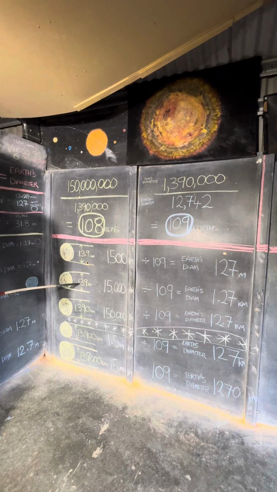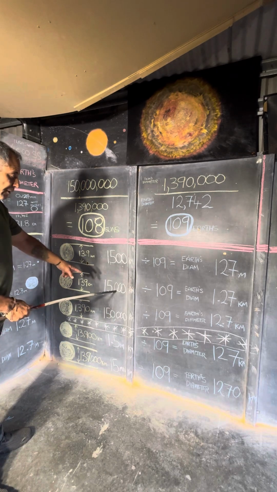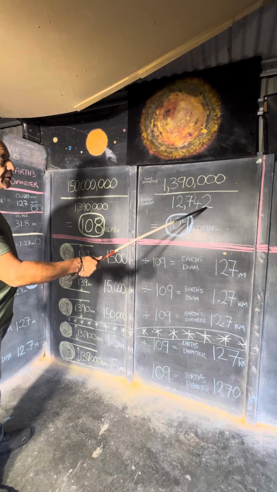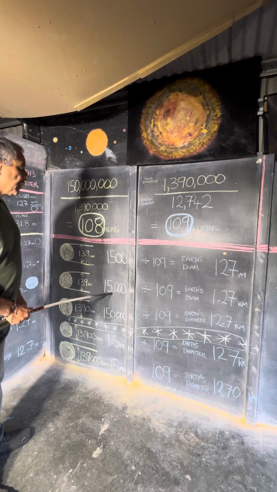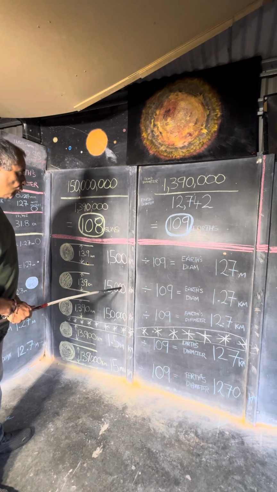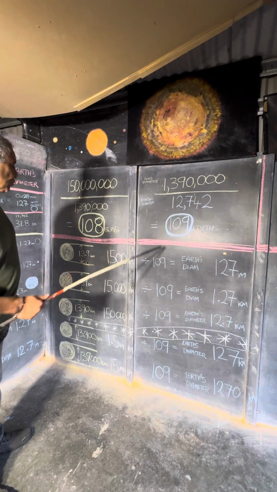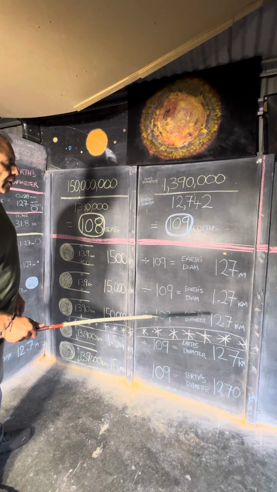Let's jump to 139 kilometers. The sun has a diameter of 139 kilometers. The distance in between the sun and Earth is 15,000 kilometers. Easy comparison. Our diameter is 12,742. The distance between the sun and Earth is just over, what's that, 2,258 kilometers over, right?